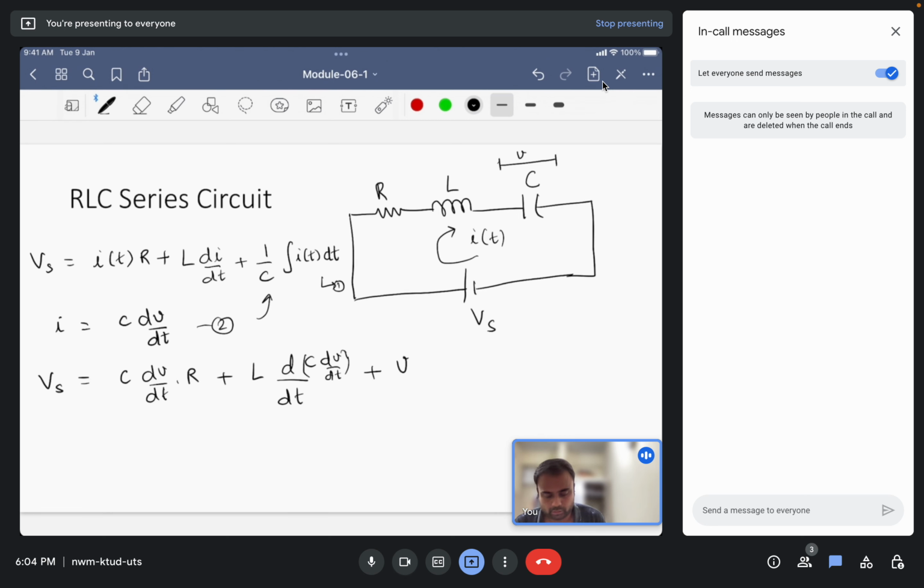Now this relation becomes Vs equals RC dv/dt plus LC d squared v/dt squared plus v. Since this is a second order differential, we call this circuit a second order circuit.